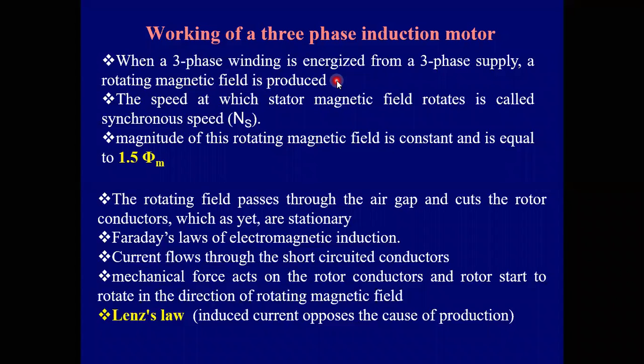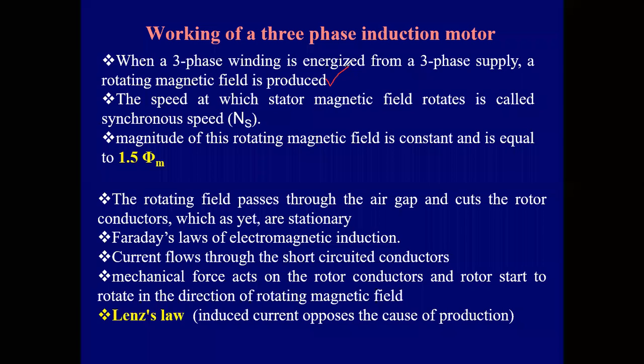This is obvious; in yesterday's afternoon session we concentrated on the rotating magnetic field only. We have a three-phase winding on the stator, and obviously on the rotor also, but we give the three-phase supply to the stator winding, and then a rotating magnetic field is produced. First point is completed.